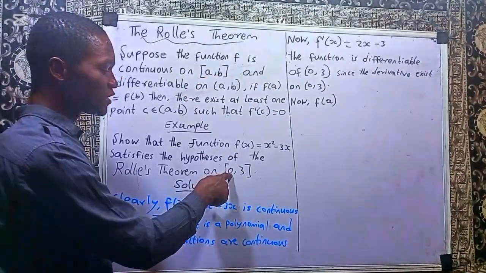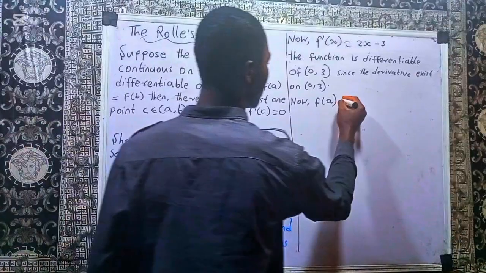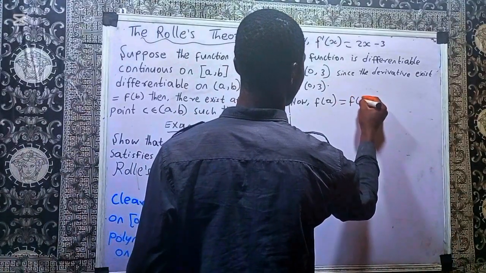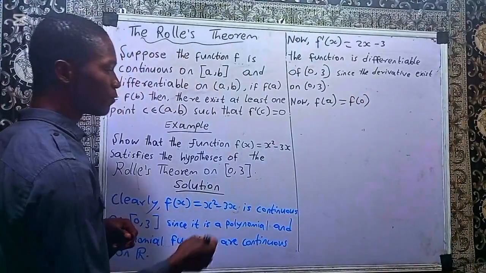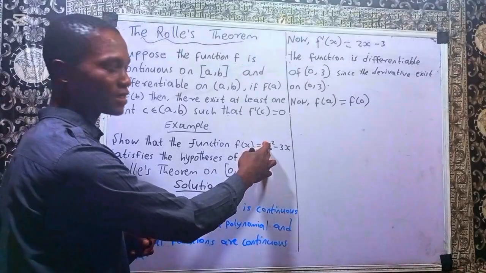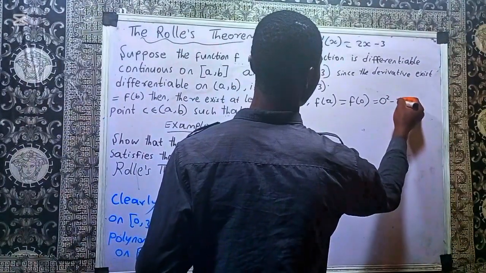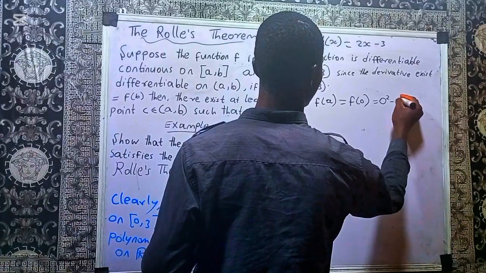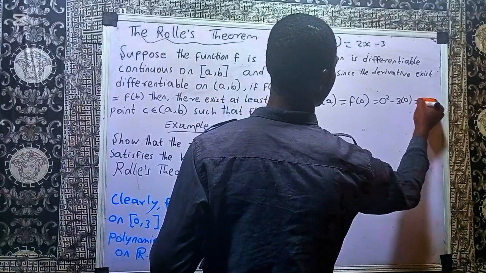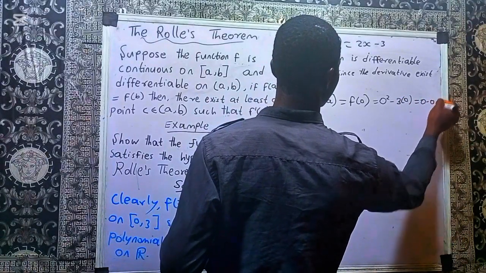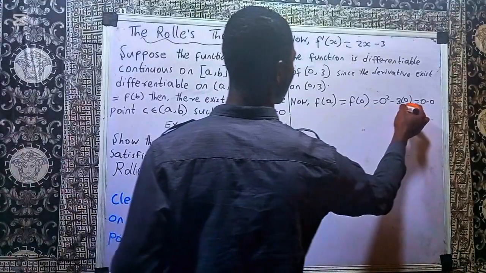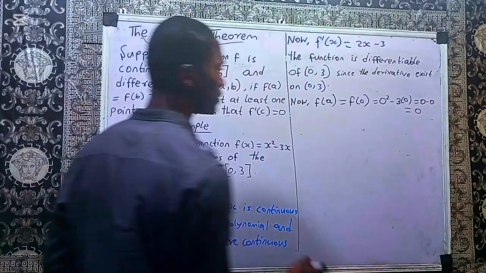What is the first point in this question? 0. So f at a is f at 0. So you come to your function, you substitute, replace x with 0 here. You now have 0 squared minus 3 times 0. Of course, this is 0 minus 0. And this is equal to 0, right?